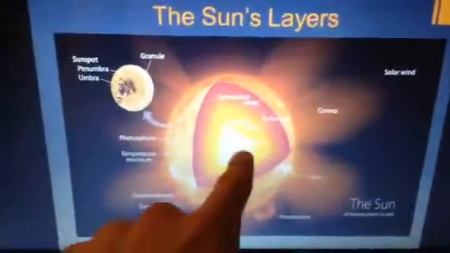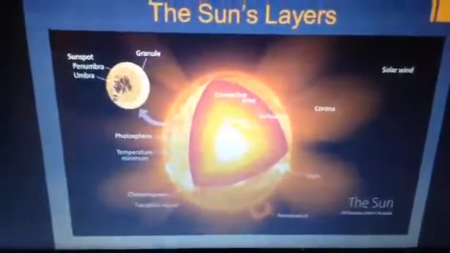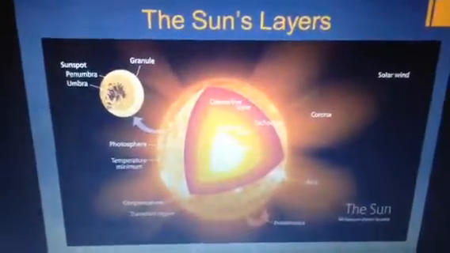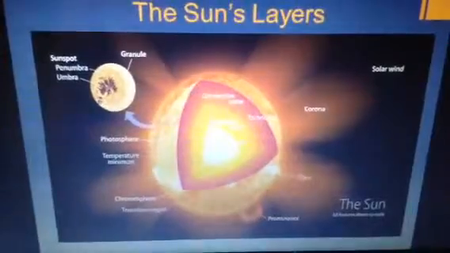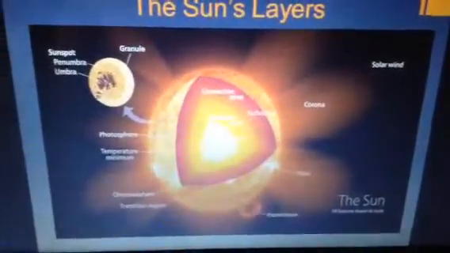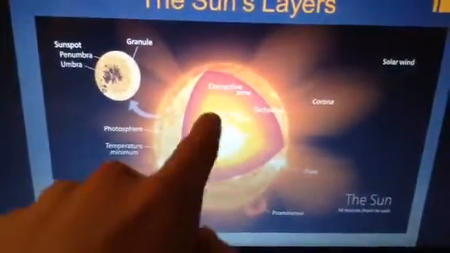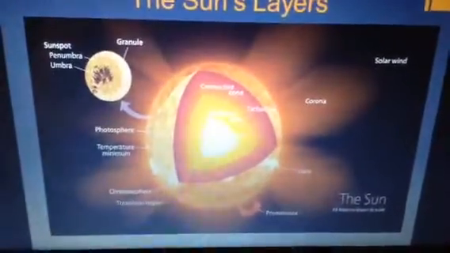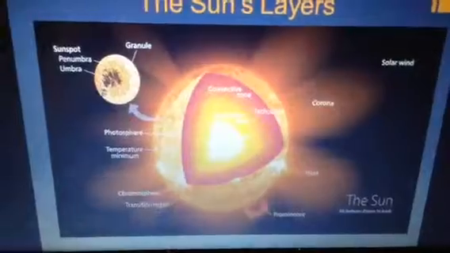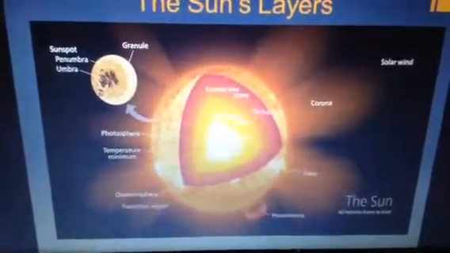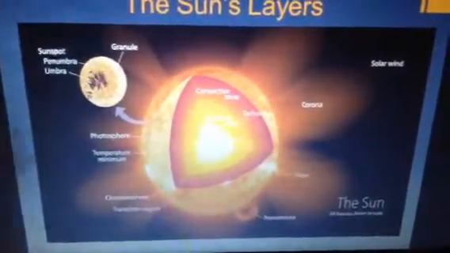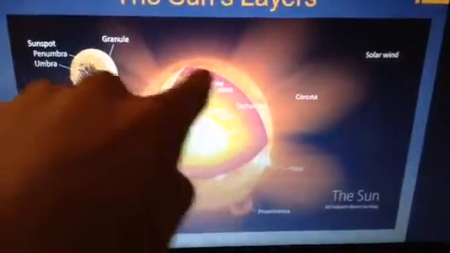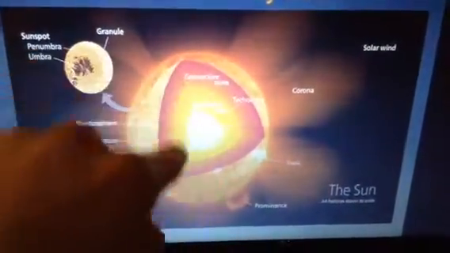In the center here, you can see the core, where all the processes begin to take place before moving outwards. Then next you'll see the piece surrounding the core, which is known as the radiative zone, where from the core it begins the next step to move on forward to the next zone, known as the convective zone here, the red zone.